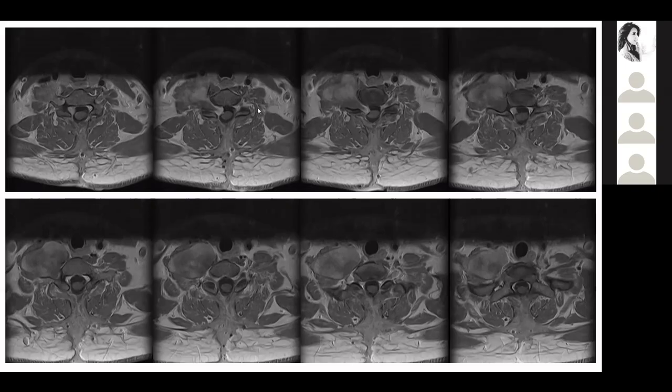Is there any other, because if this patient is a candidate for NF2, because the histopathology is neurofibroma, is there any other part of the body that also has this lump-like lesion, or is this the only focal site?